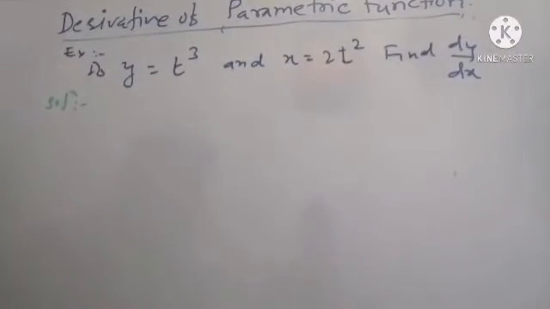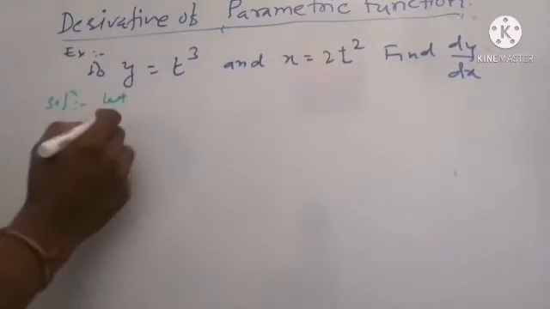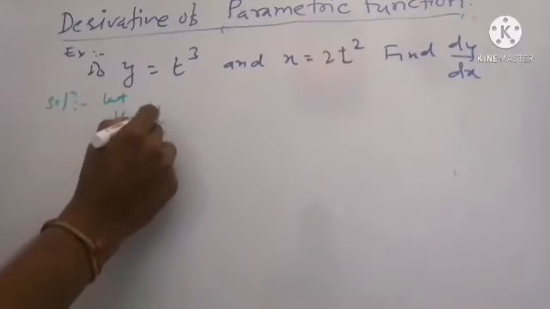As we know, to find dy by dx we have to take the derivative of y with respect to t and of x with respect to t. So let's do the example. Let y is equal to t cube.